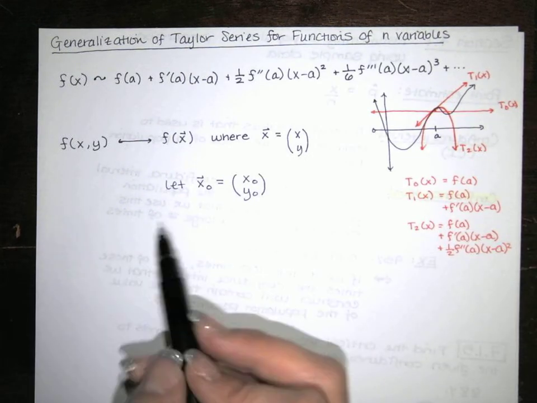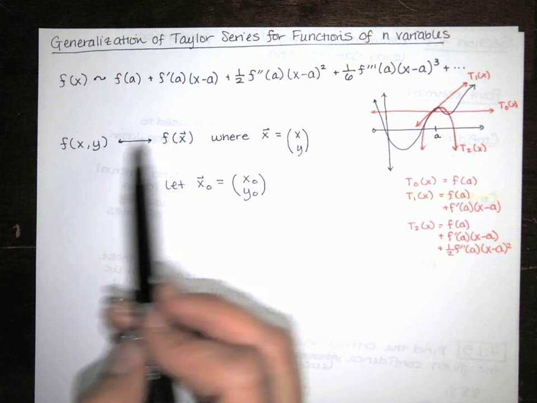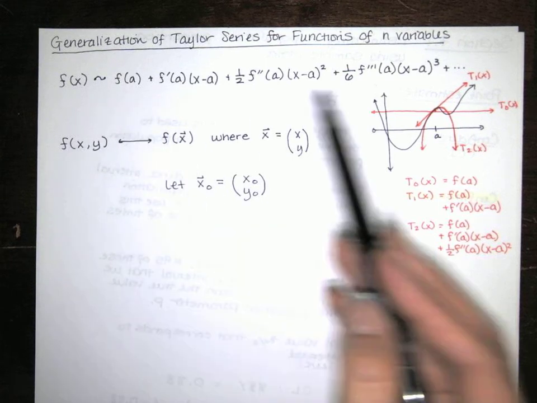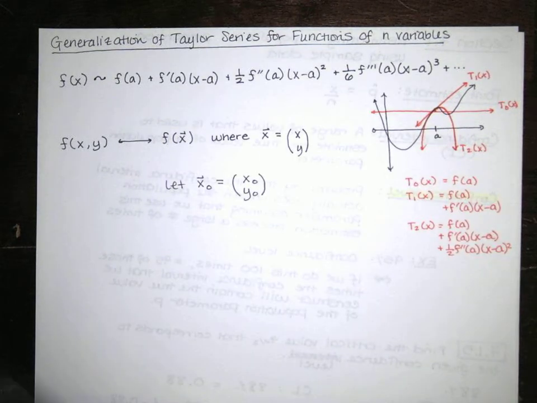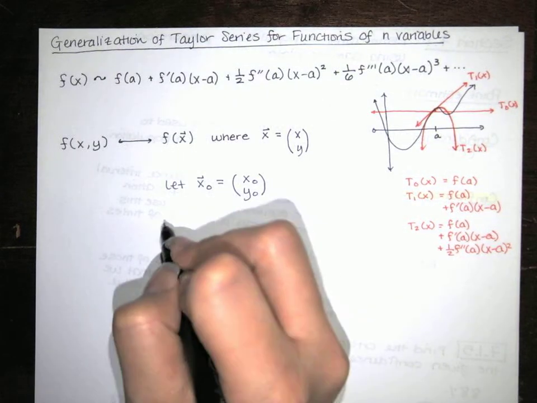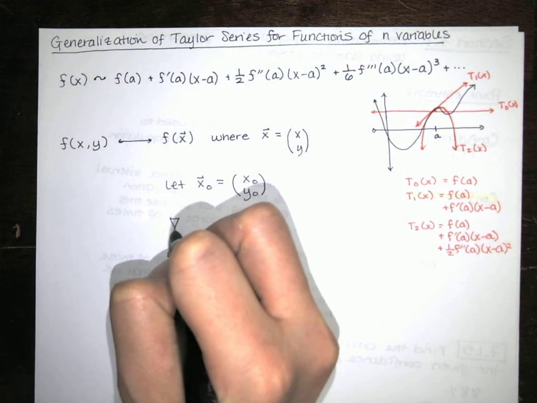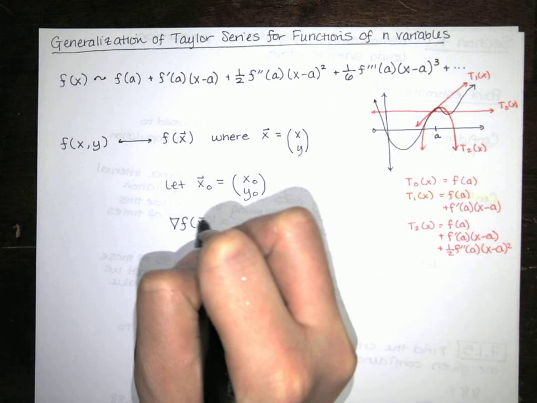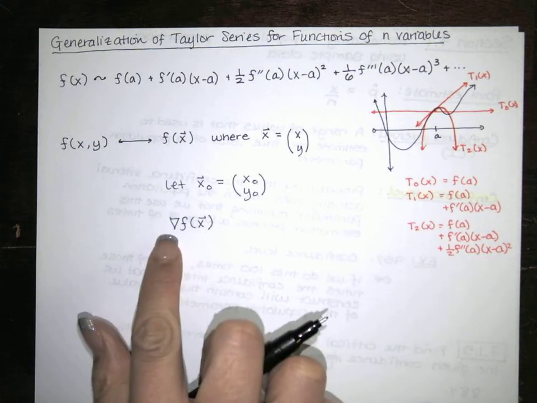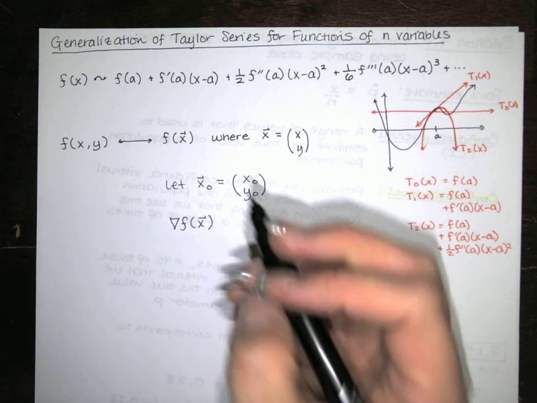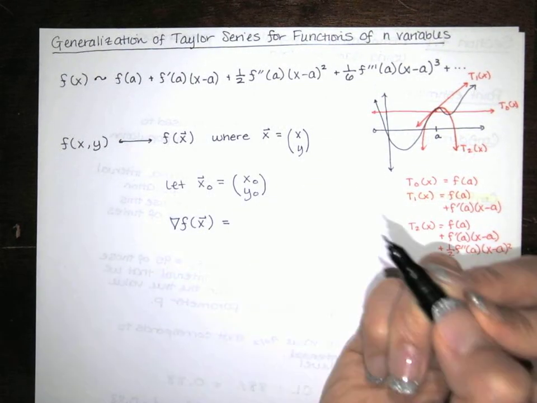So it turns out that this function f of x can be expanded in something that looks like this, provided I change my notation just a little bit. Now, the gradient of f at x y, that's still the vector of first partials.